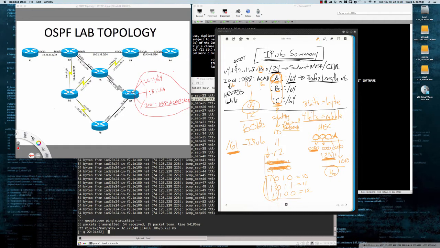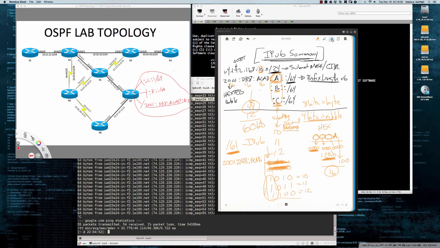Now, the next part of our job is to figure out what is the full address, or what are those leading hextets going to be, and what is the value here in our summary location. So if we take a look, we know that the first hextet is going to remain the same, 2001, colon. The next hextet, same thing, DB8, colon, and then ACAD, colon, and we're going to wrap it around here.